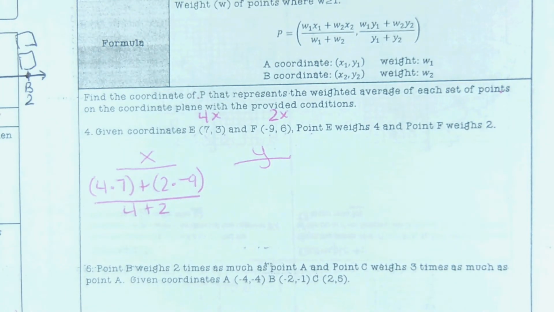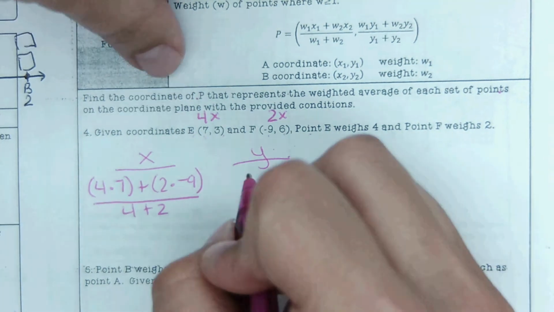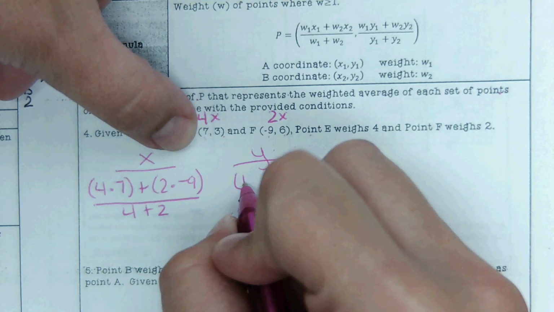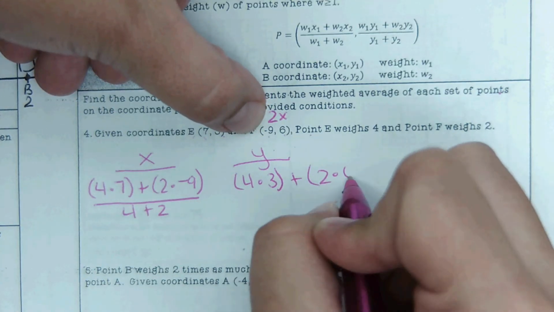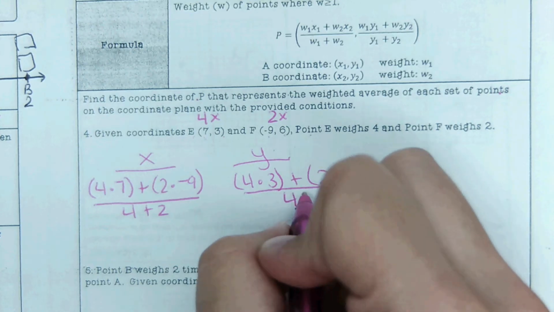We'll solve that in a second, but while my brain's in the process of setting things up, I'm just going to go with it and set up the y as well. So now, same thing with the y. 4 times 3 plus 2 times 6 over 4 plus 2.